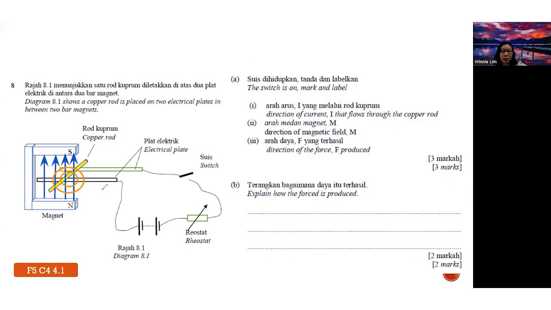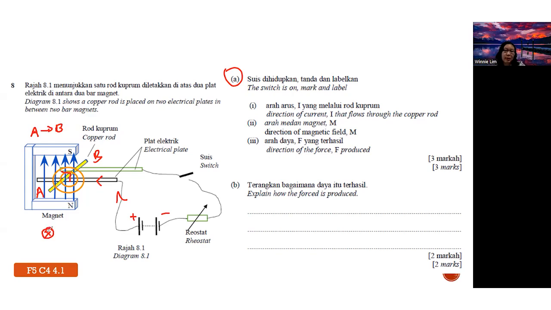So this is just a concept first, then later the teacher will complete part A for you. By right, the current flows from positive to negative. So the current flow on the rod, let's say the teacher labels A and B, will flow from A to B. You should know the idea of dot and cross.